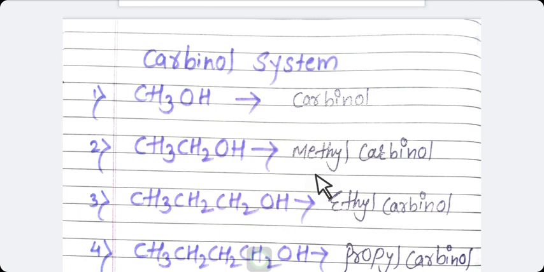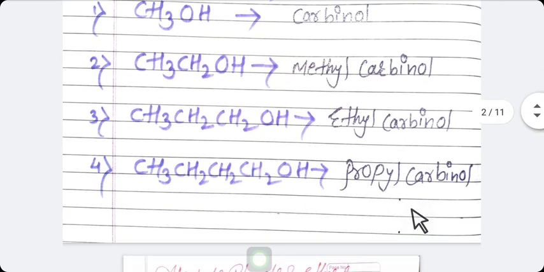Next is ethyl alcohol, where one more carbon atom is there, so you can name it as methyl carbinol. Next one, again one more carbon atom is there, CH3CH2CH2OH. So your carbinol is methyl alcohol and the remaining two carbon atoms make it ethyl carbinol.